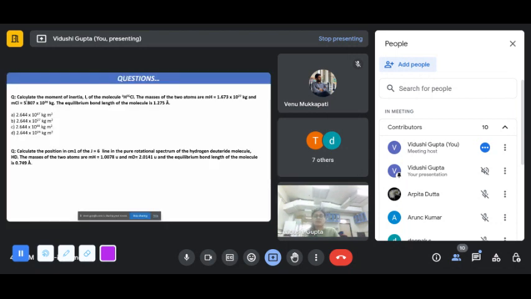So how will you calculate the moment of inertia? You know the formula I equals mu r squared. Everything is given. You just have to substitute the values.